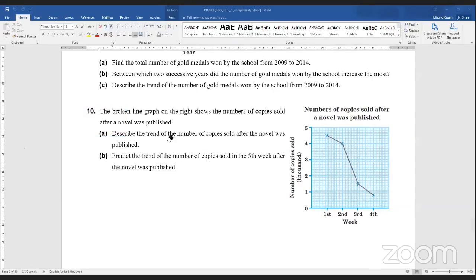Number 10. And then you need to write the sentence. Okay, this one. Describe, predict. Predict means, if the third is like that, the fourth like that, and then the fifth, what do you think? Okay, then it is called predict. Okay, to tell something in the future is to predict.